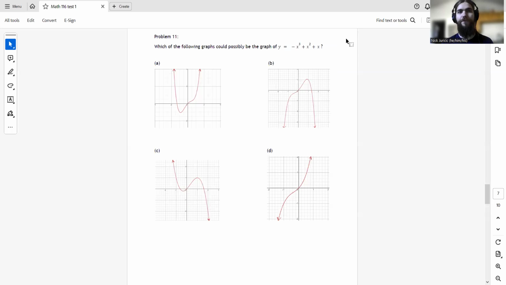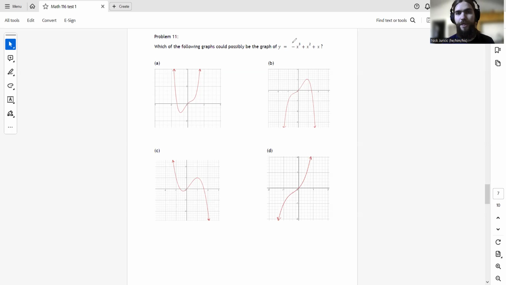Which of the following graphs could possibly be the graph of minus x cubed plus x squared plus x? For one, when I wrote this question, I was thinking maybe people could appeal to their knowledge of end behavior and of leading coefficients.